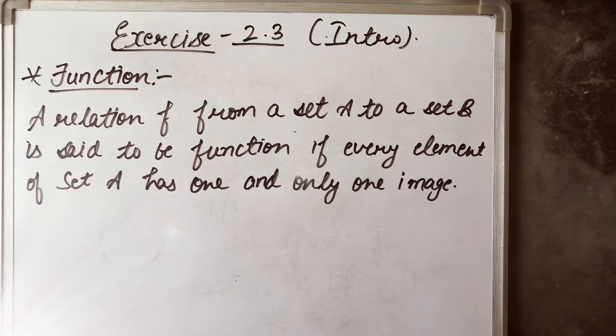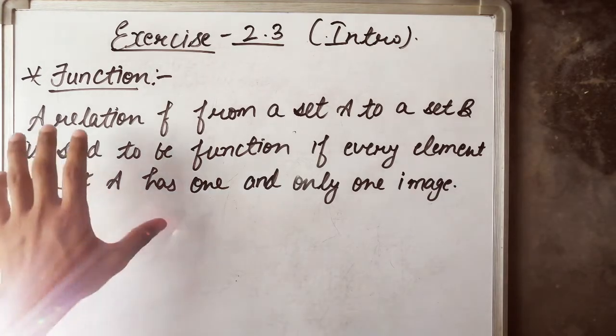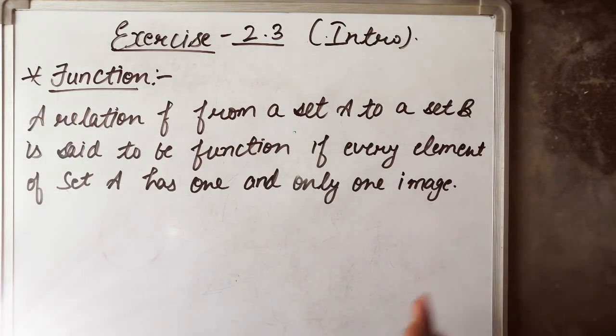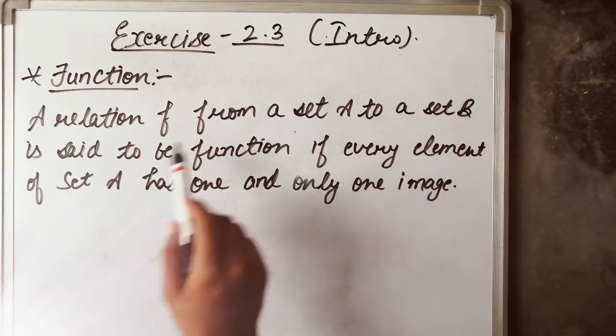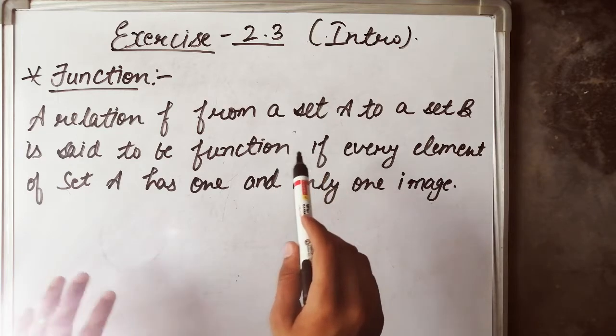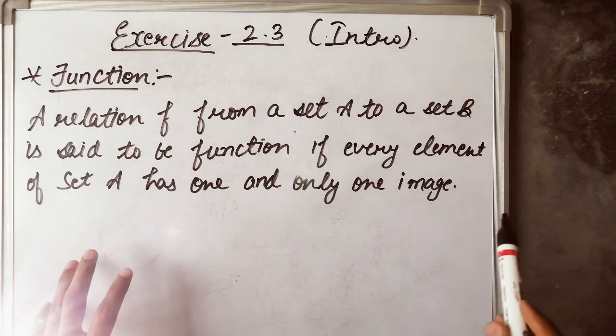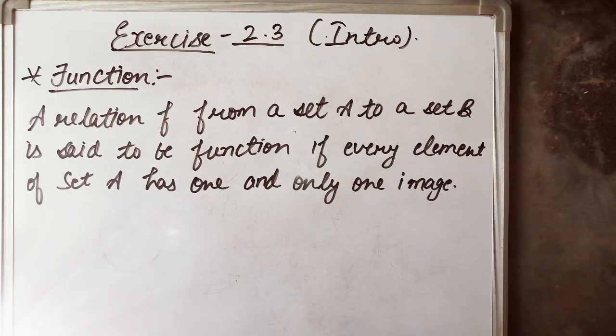Okay. So what does this definition mean? Let's read it out. A relation f from a set A to a set B is said to be function if every element of set A has one and only one image. Let me take an example.